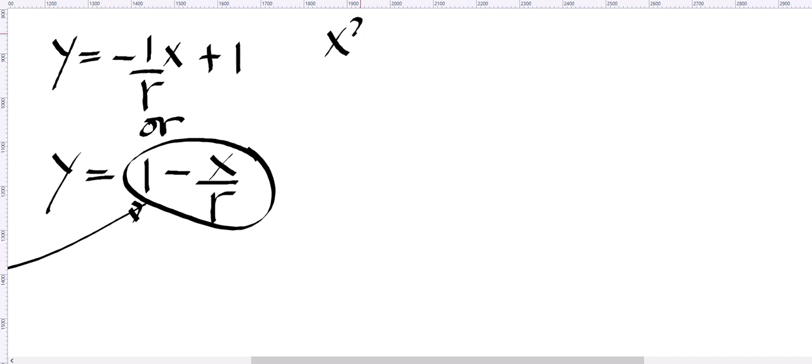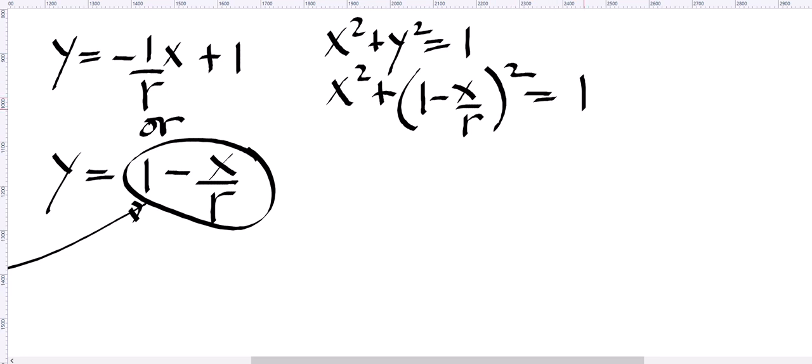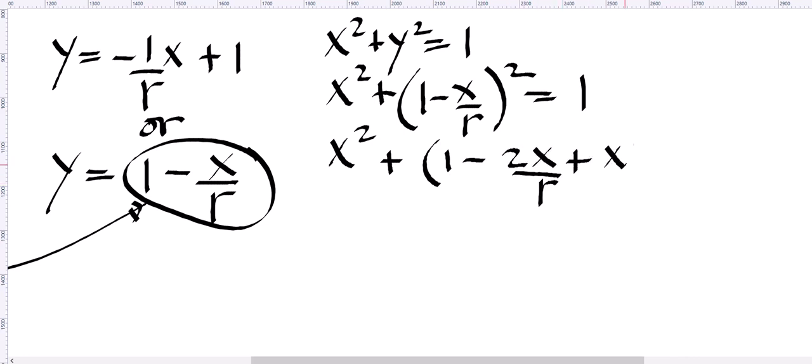Now, in a unit circle, the equation is x squared plus y squared equals 1. Substituting the value of y in this equation, we now have x squared plus the quantity (1 minus x over r) squared equals 1. Let us simplify this further. This here is simply the binomial expansion of the expression 1 minus x over r.